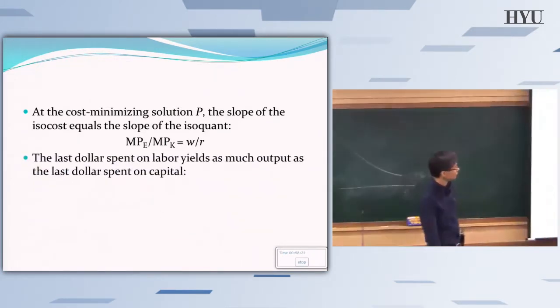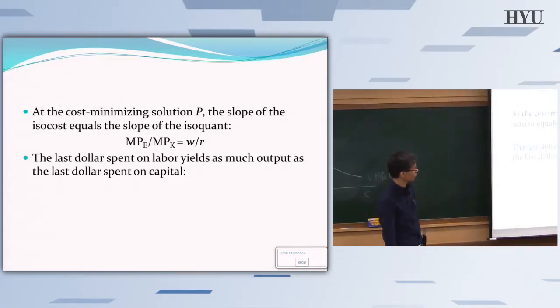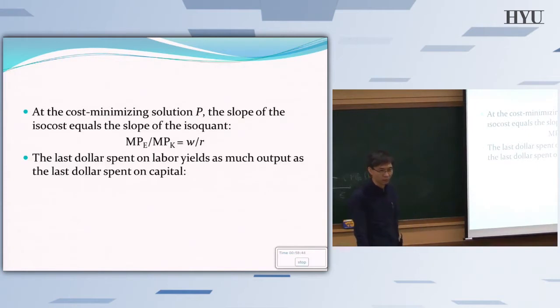The implication is actually pretty simple. The last dollar spent on labor should yield as much output as the last dollar spent on capital. If they are not the same, they are doing something wrong. If labor gives you more output for the same dollar, you should increase labor input.